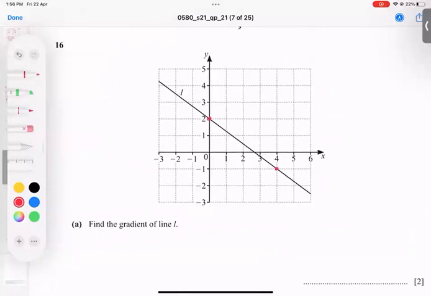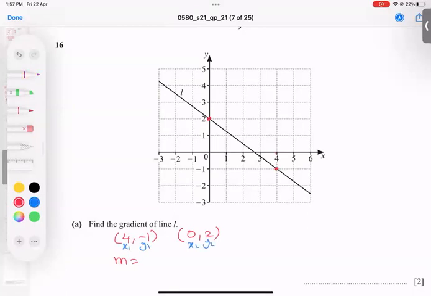So how to find the gradient? This point is x is 4, y is -1. Make sure. So I'm writing here x is 4, y is -1. Here x is 0, y is 2, because if you go up, y increases. So x 0, y 2. And what is the gradient formula? You must write here, as I said before, x1, y1, x2, y2.